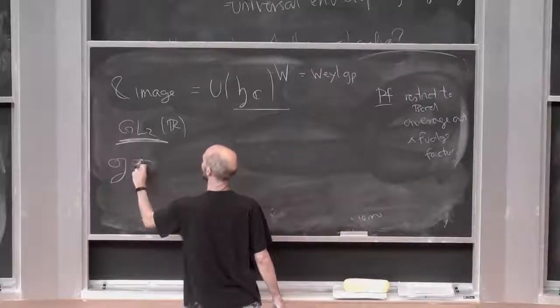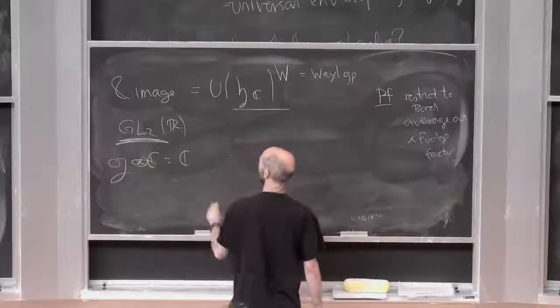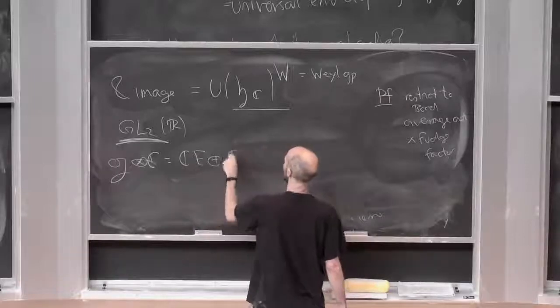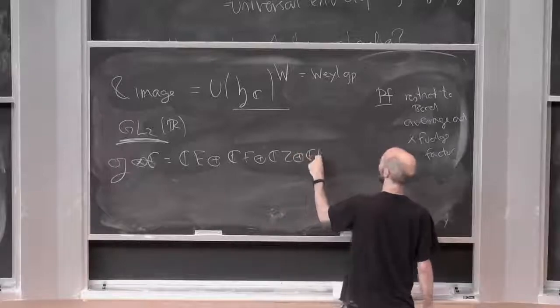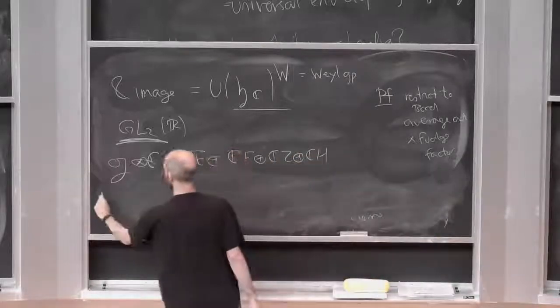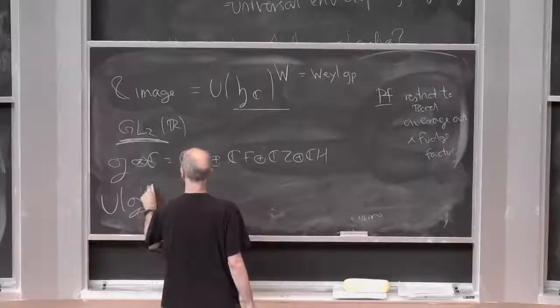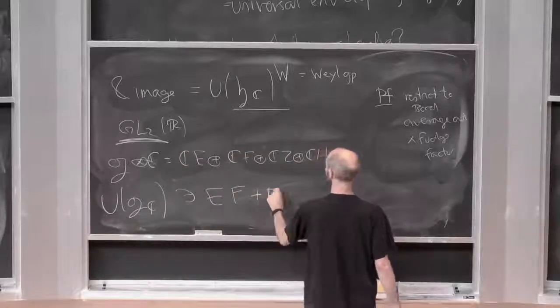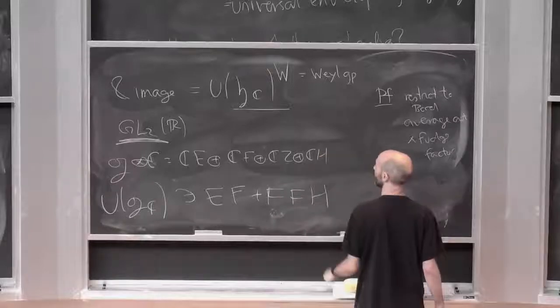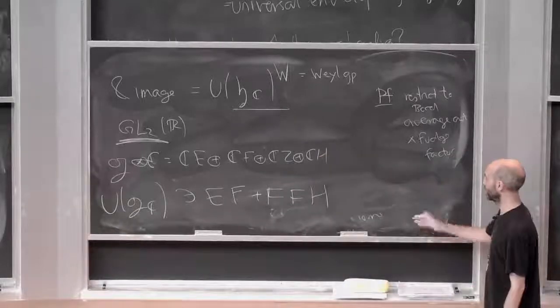G tensor the complexes is C times E plus C times F plus C times Z plus C times H. Okay, so this universal enveloping algebra contains things like whatever, E times F plus F times H, that sort of thing. Random.